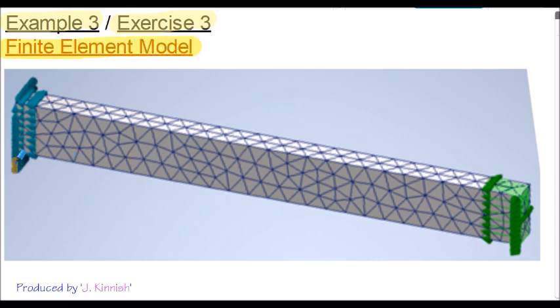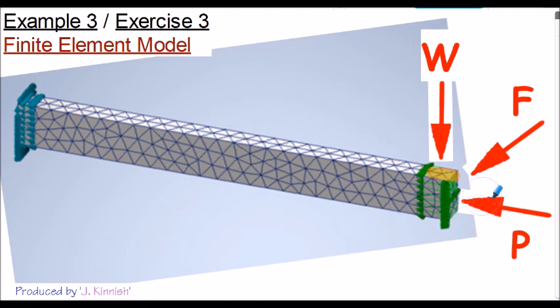It's fully fixed at the left hand end in all 6 degrees of freedom, so there are restraints on the left hand end, and at the right hand free end the loads were applied: load P, load W, lateral load F. And then once the section and material properties are included, the finite element model can be analysed using a linear static analysis from which we can output stresses and deflections. These can then be compared to our hand calculations to see the correlation between classical theory and a computer-based finite element analysis.